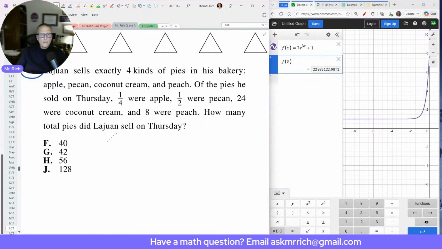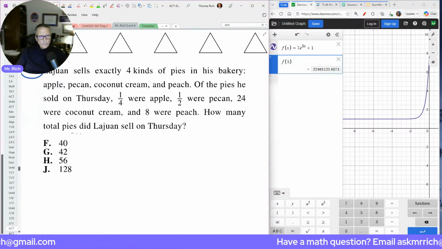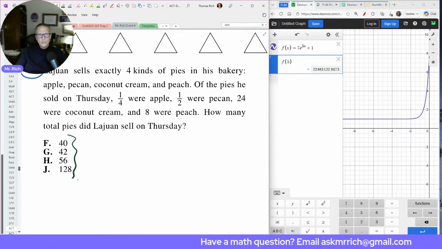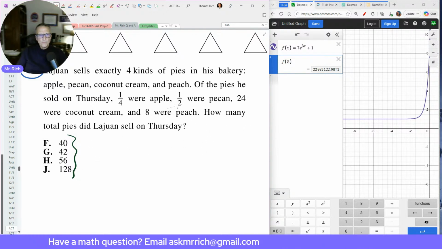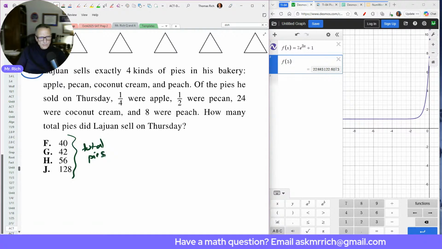Now, when I work this problem with students, I tell them to go ahead and use what we call a back solving method, where I'm going to use the actual answers to see if they give me the desired result in the scenario. In other words, I know that these are possible total pies. Every one of those is a possible value of total pies that Lawan baked on Thursday.